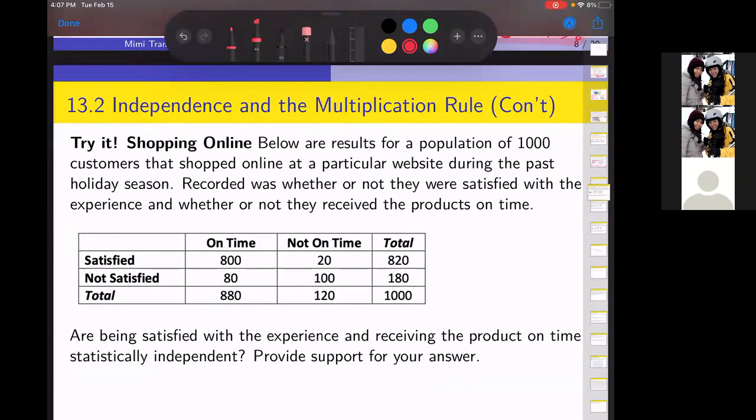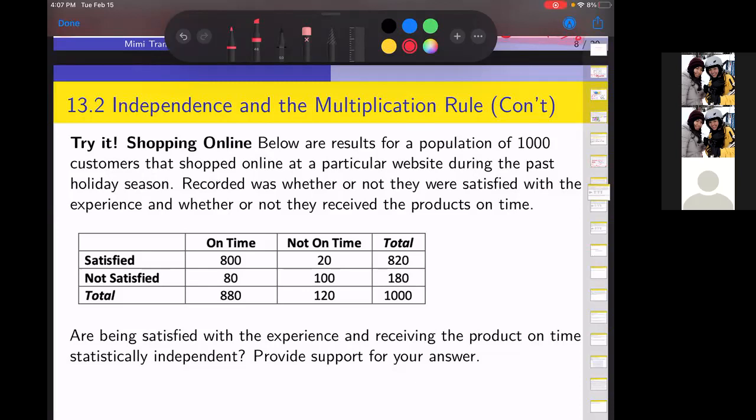All right, below are the results for a population of 1,000 customers that shopped online at a particular website during the past holiday season. Recorded was whether or not they were satisfied with the experience, and whether or not they received the products on time. So satisfied on the horizontal, on time or not on time.